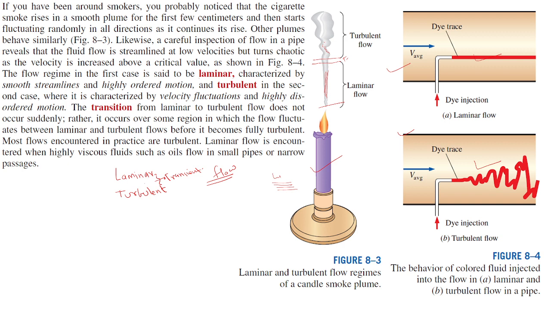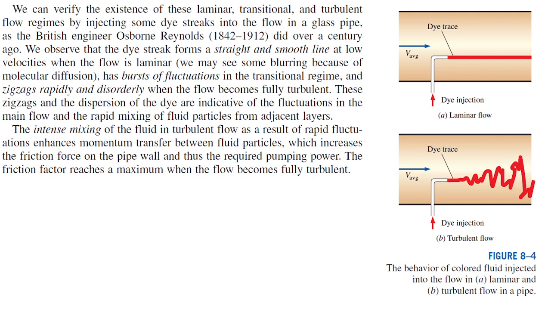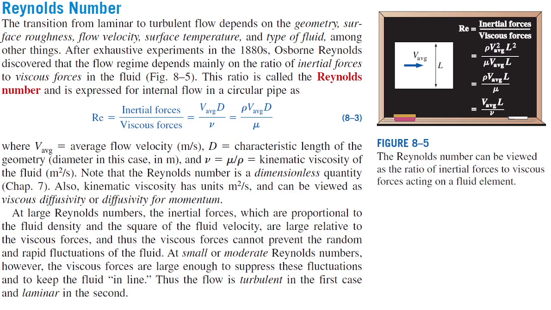So Reynolds gave the information about these things. Reynolds experimented to find when the flow is laminar, when turbulent, and when transition.